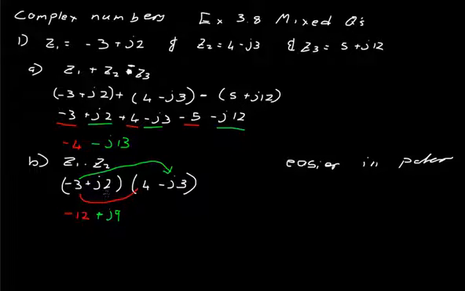Then we've got our inners, wrong color, inners, which is j2 times 4, which is plus j8. Let me quickly grab another color so that we can make this a little bit easier.